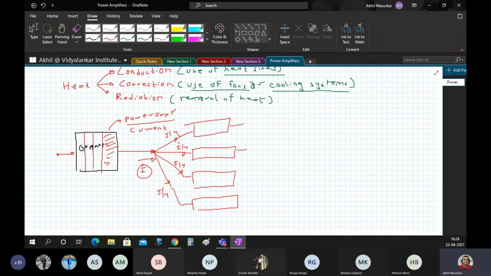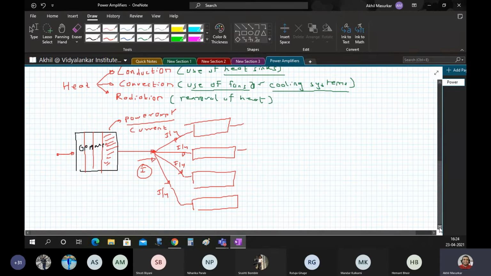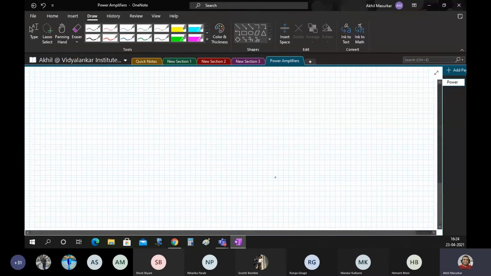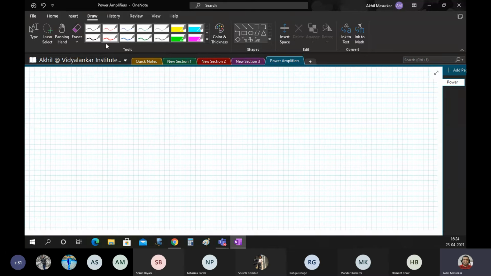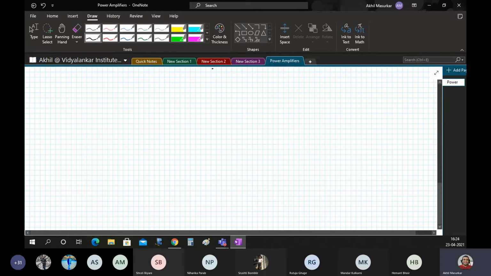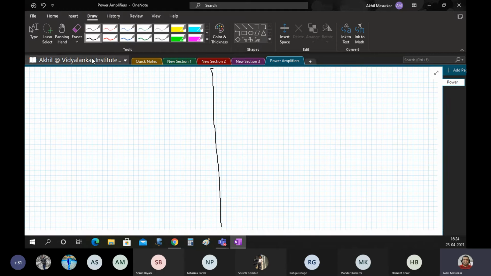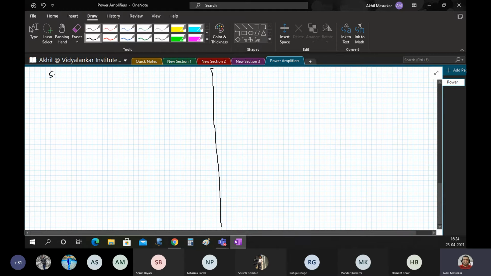Now to throw more light, because you might feel that this is still the same thing, we'll have a small differentiation, where I will write on one side small signal amplifier, and here we will write large signal amplifier.